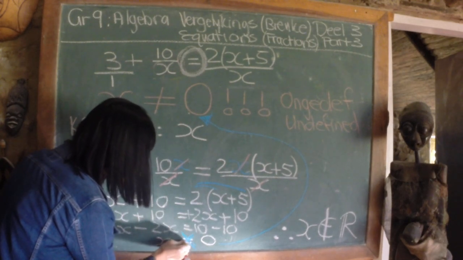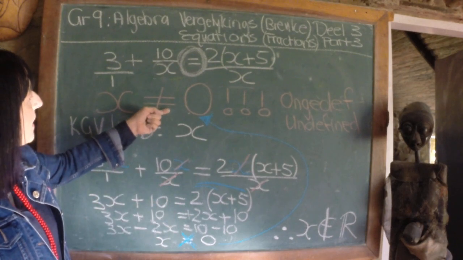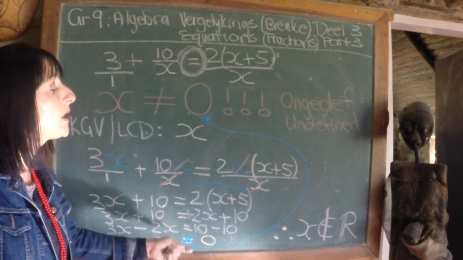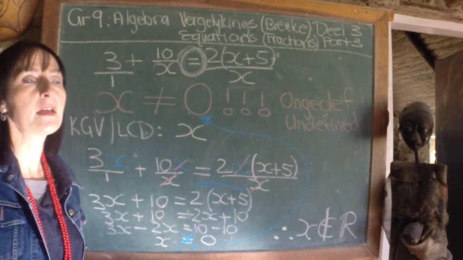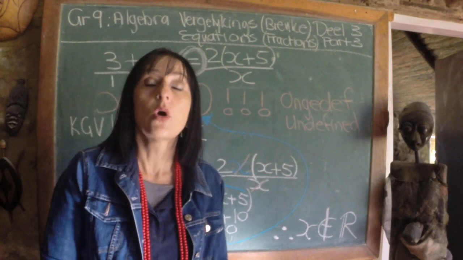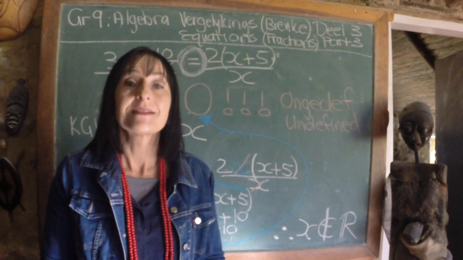It can't be 0, it can never ever be 0, because then these fractions are undefined. X kan nooit, ooit 0 wees nie, want dan is hierdie breuke ongedefinieerd, en ongedefinieerdheid in wiskunde is nonsense. We can't do that. See you tomorrow.